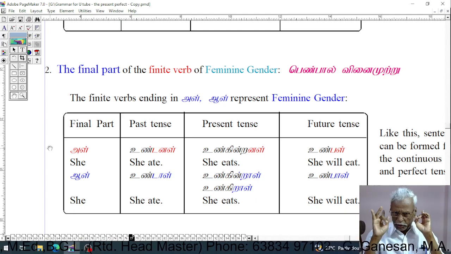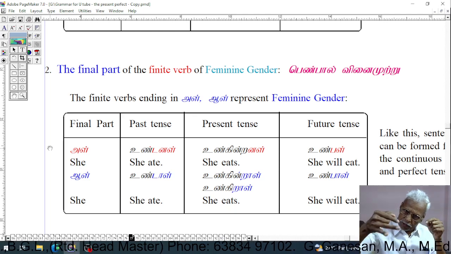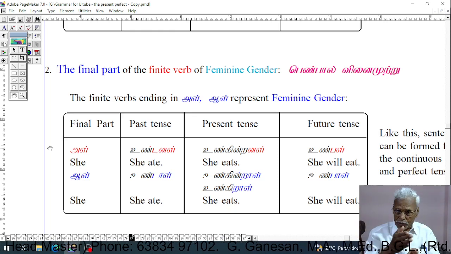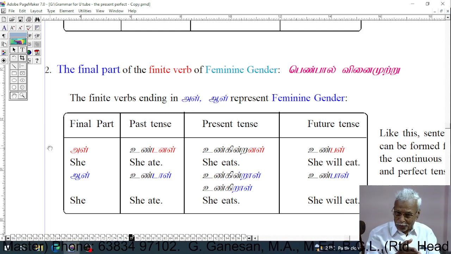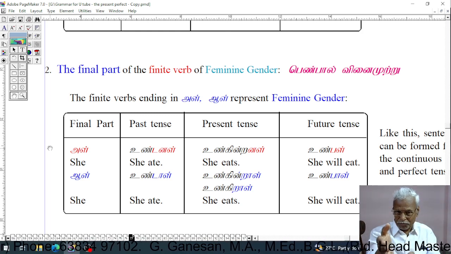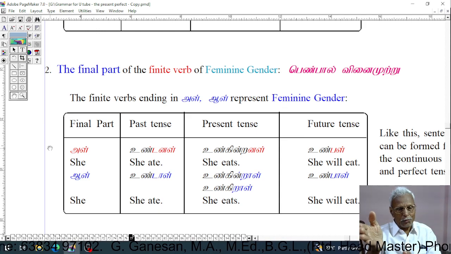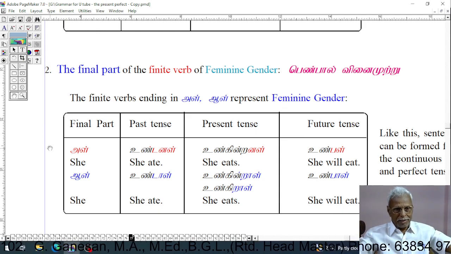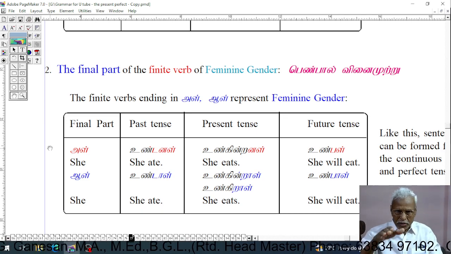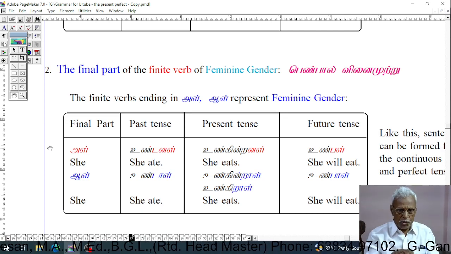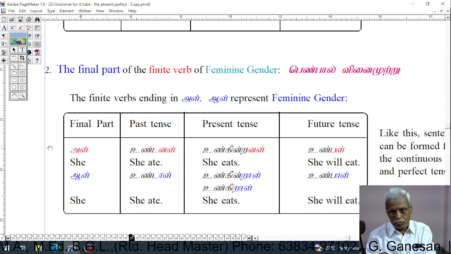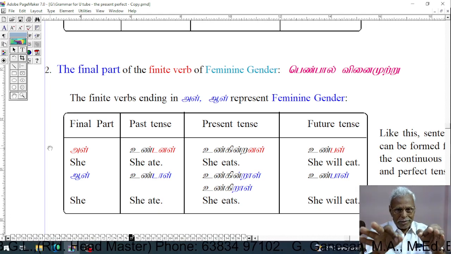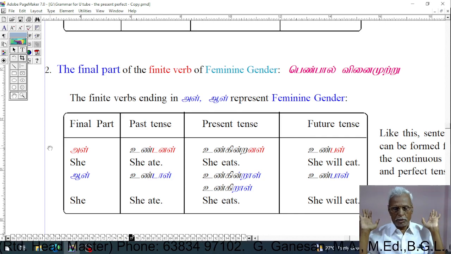See, as I told you earlier, an is used only in the poetry form; al is also used only in poems and not in ordinary speech and writing. In ordinary Tamil speech and writing, only aal is used for all the tenses.